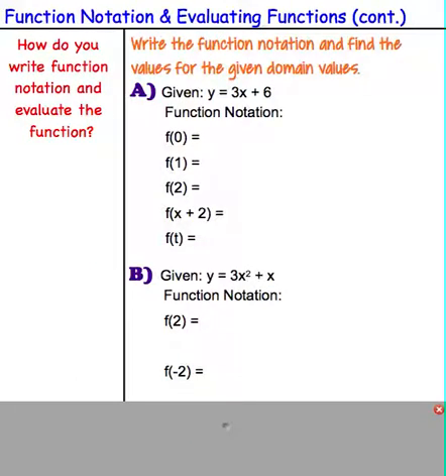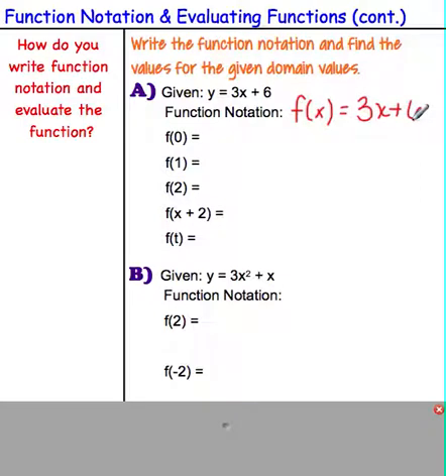Now, let's take a look at some examples on how you write function notation and evaluate this function. We are given here the equation y equals 3x plus 6. If we want to write that in better function notation, we would say f of x equals 3x plus 6.